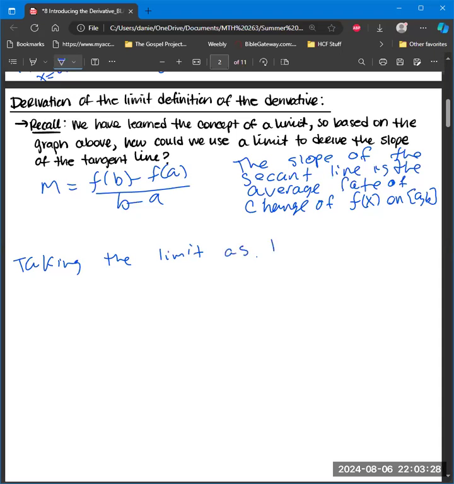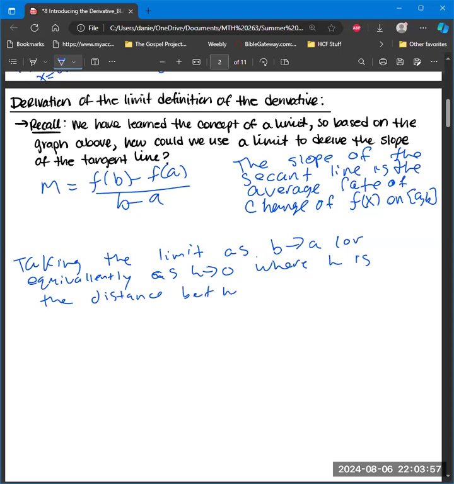So taking the limit as b approaches a, or equivalently as h goes to 0, where h is the distance between x equals a and x equals b, we obtain the following definition, the limit definition of the derivative.